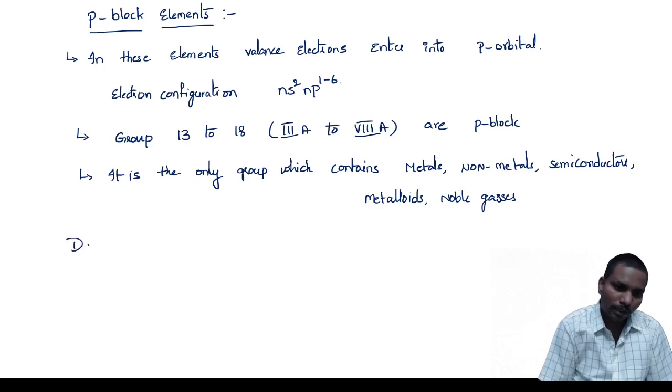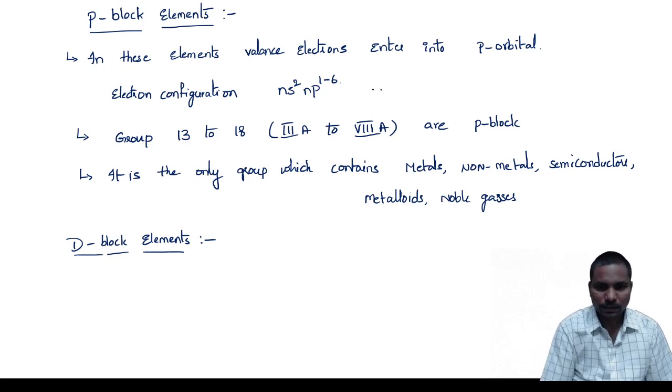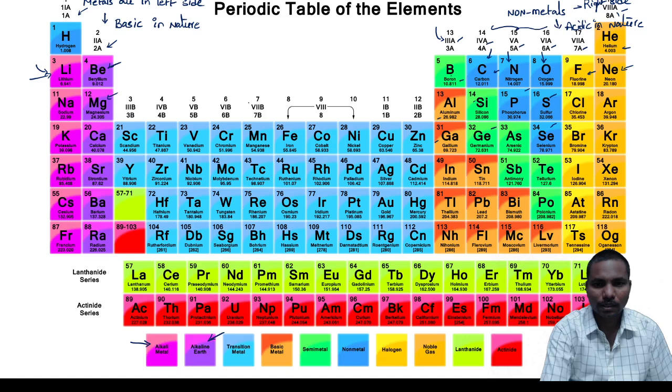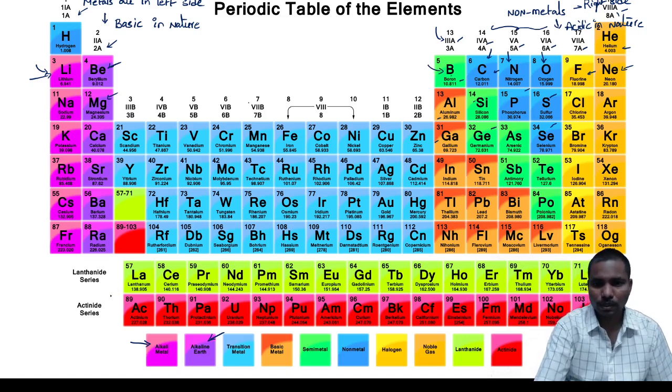Now coming to D block elements. I have forgotten to give the example. Let us take any one element, so let us take boron.